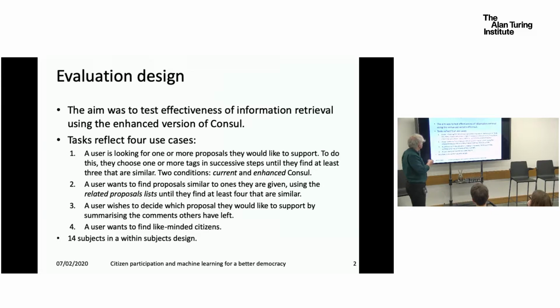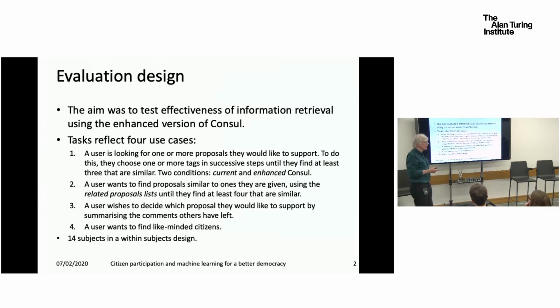The first one, a user is looking for one or more proposals they would like to support. They must choose one or more tags in successive steps until they find at least 3 that are similar. And there are 2 conditions here. One is the current version of Consul with the tags that people have generated themselves for the proposals they've submitted, and what we're calling the enhanced version, where tags have been extracted from the proposals using the NLP tools.